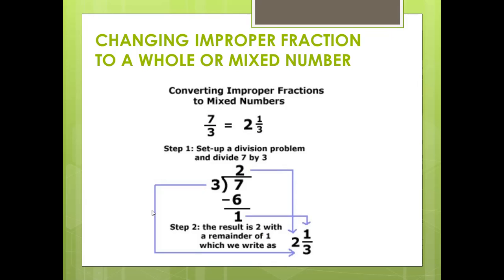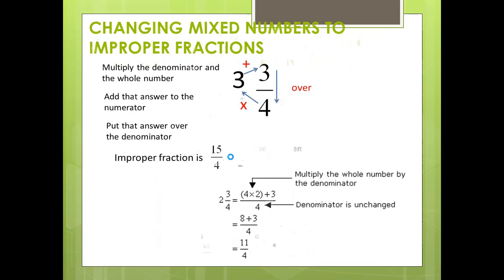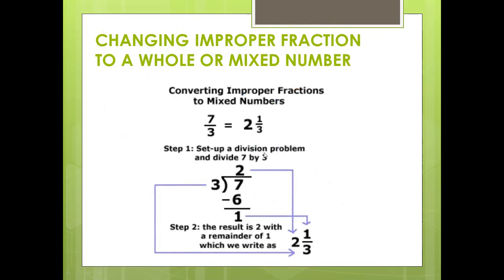We have here an example. This is how we are going to convert an improper fraction to a mixed number. We have 7 over 3. So this is our answer. But how did we get this answer? Step 1, set up a division problem and divide 7 by 3. So let's divide 7 by 3. We got 2, and then 2 multiplied by 3 is 6.